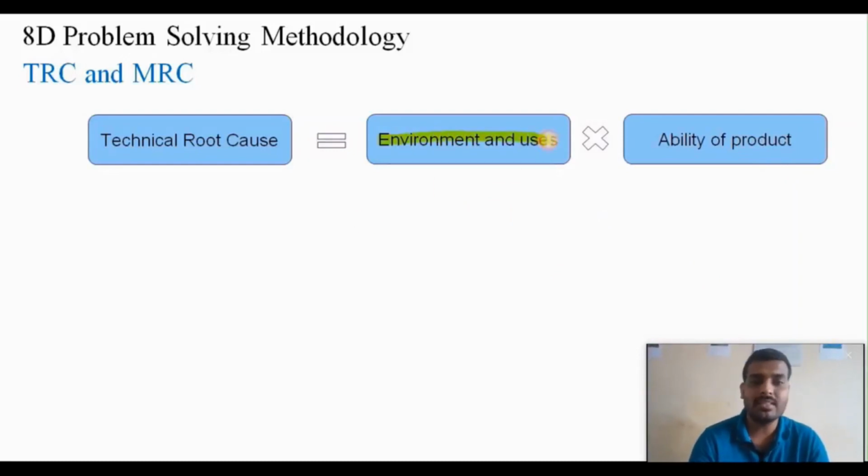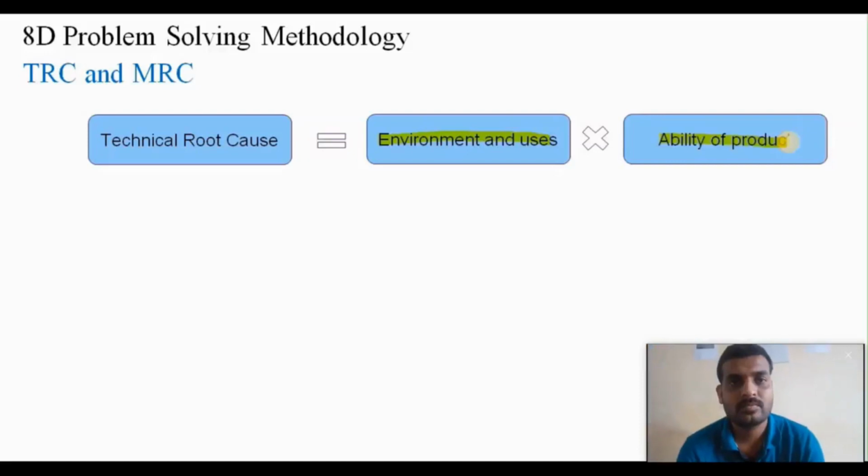There are two reasons to look for the managerial root cause. The first one is that if a defect of a similar pattern arises, it should be prevented. And second, each problem solving is an opportunity to improve the management system as well as the organization.